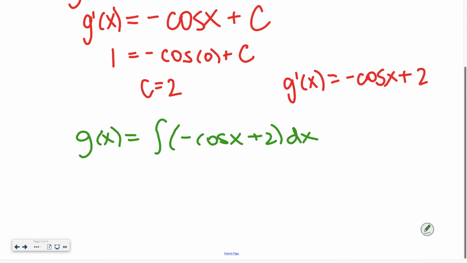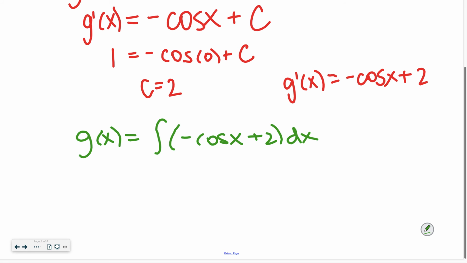And please do not forget about the dx, okay? Please get into a habit now of writing that dx because come unit 5, I'm going to take off points if you don't set up the integral again.